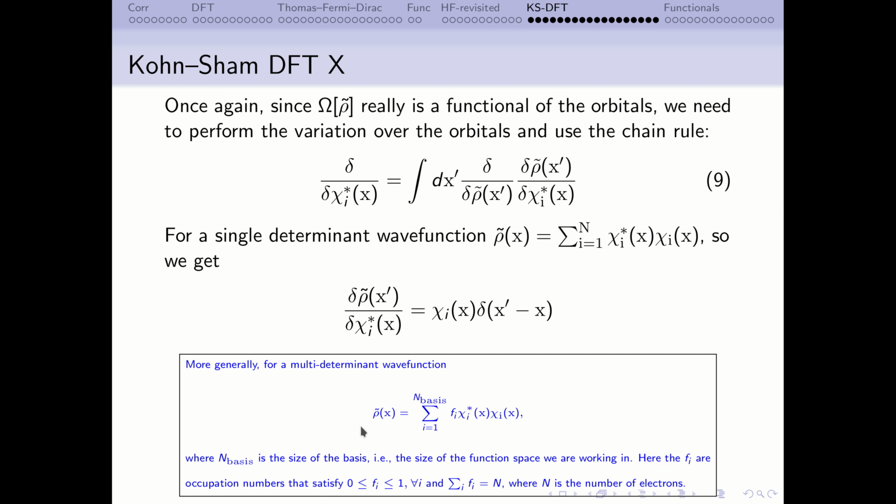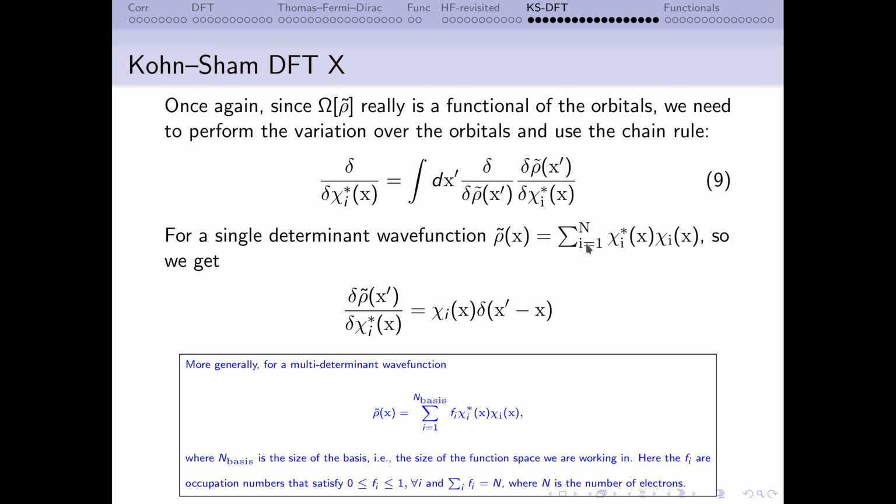So in a multi-determinant theory, rho tilde is written as the sum over the basis functions of chi I star chi I as here, but now we have these f I's, and these are called occupation numbers. They need not be integers. So here you might say that we have occupation number 1 or 0.